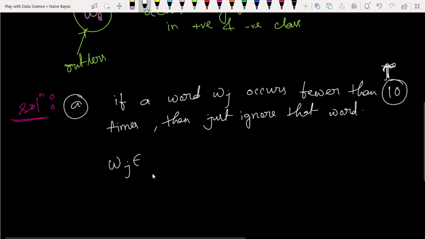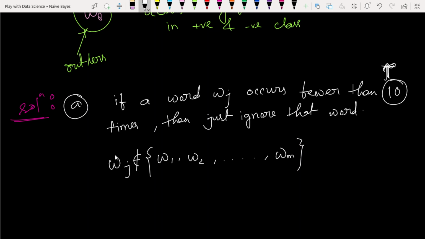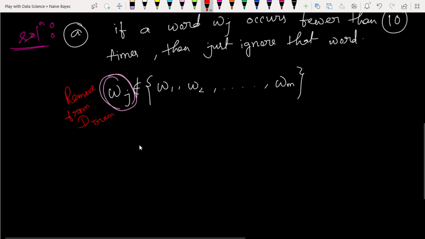So we remove this word from the data corpus, removing it from Dtrain. If a word occurs fewer times, you can simply remove it. Or another technique we have seen is the Laplace technique.